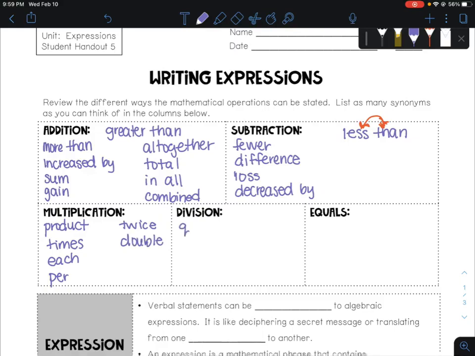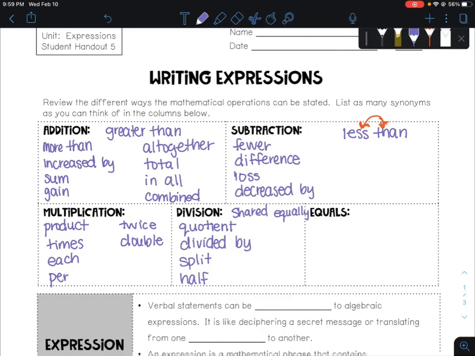For division, we have quotient, divided by, split, or split up, half, or shared equally. So even though it has the word equal in it, it's not meaning equals. It's specifically telling you to divide it up, share it equally.